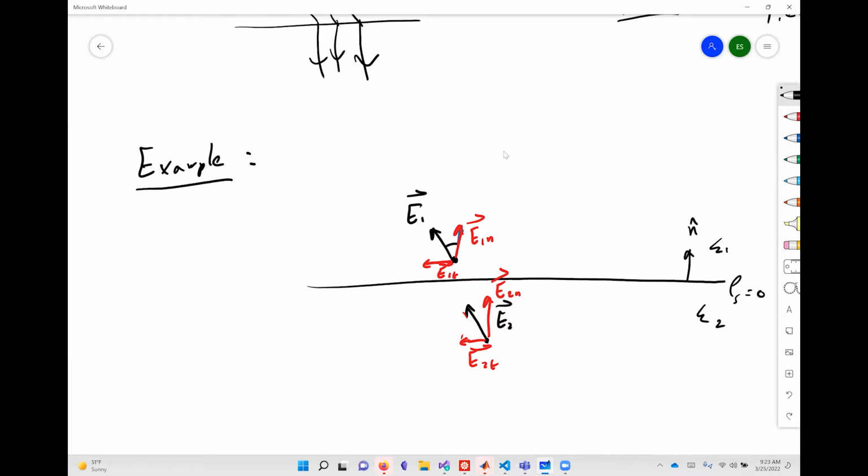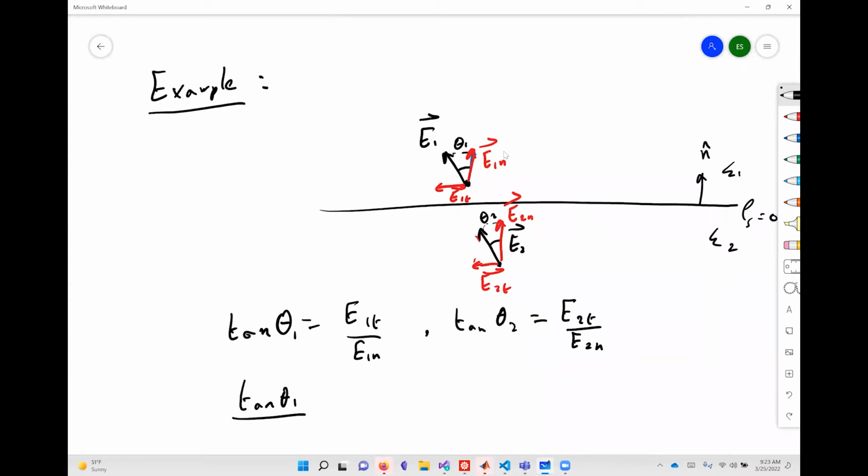So this is going to be θ1, and this is going to be θ2. This is the angle that the actual field intensity vector varies from the normal components. So what is tan θ1? Tan θ1 is E1t over E1n, right? What is tan θ2? It's a triangle, so tan θ2 is the opposite over the adjacent. So it is going to be E2t over E2n, right?